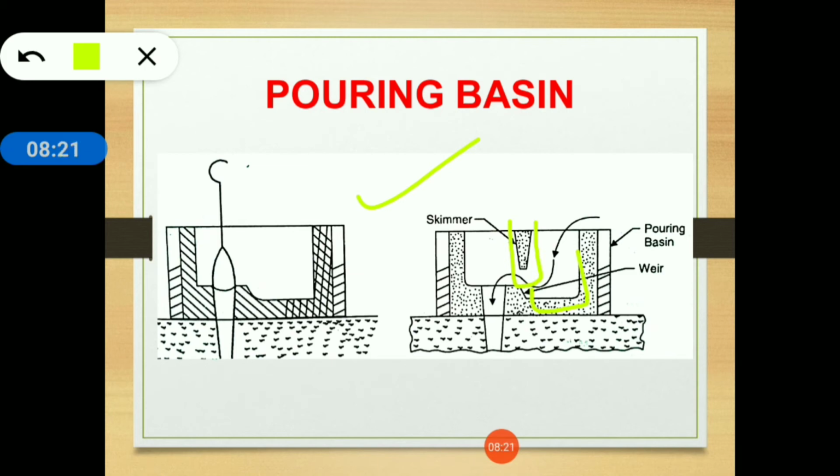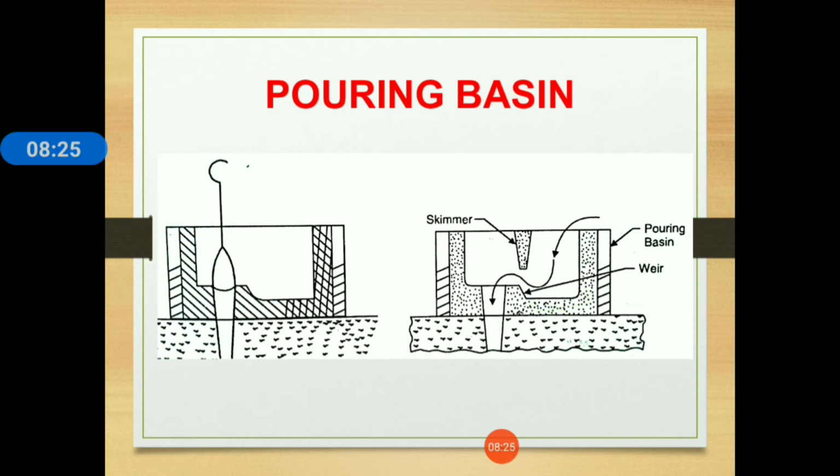So heavier impurity will settle down over here and light impurity will stick to the skimmer. So the pure molten metal will enter slowly from this into the sprue. So here, in both types of arrangement, your molten metal can be pure.